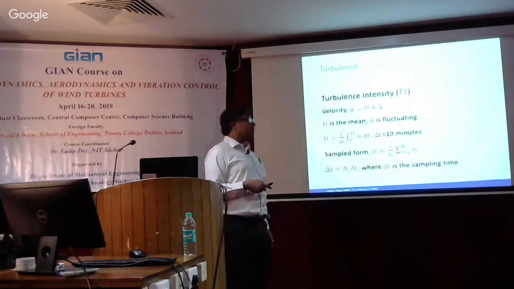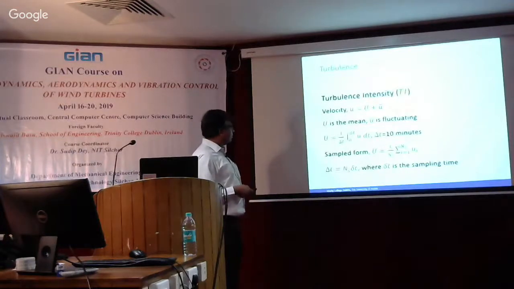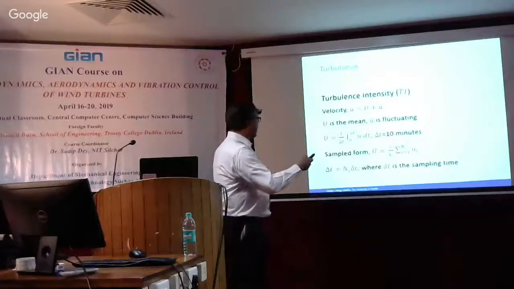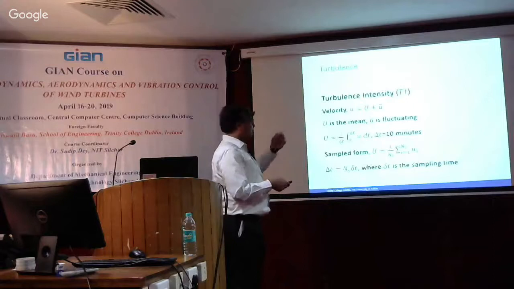Now, normally the turbulence intensity is defined as, the expression is given here, but I think it's the next slide. The velocity is given by the mean value plus the fluctuating component. The mean value is obtained by averaging the velocity over 10 minutes, as we've seen previously.